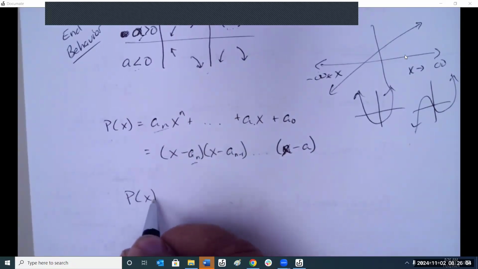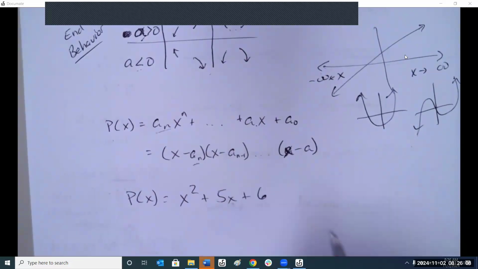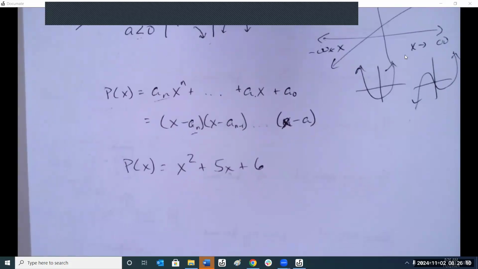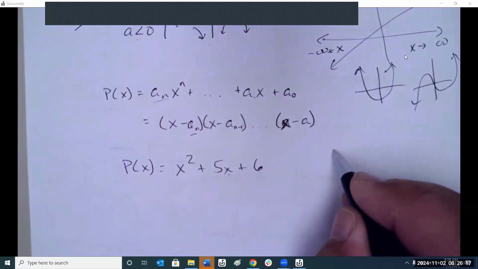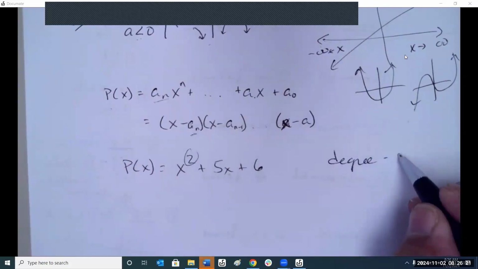if our polynomial was x squared plus 5x plus 6, how many intercepts are we going to have there? Well, what's our degree? The degree is 2.